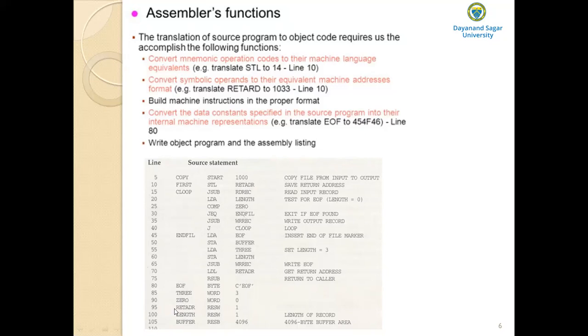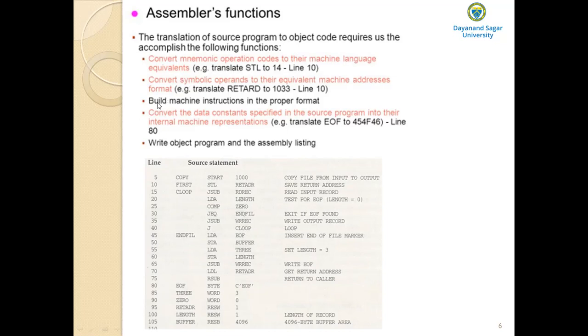So whatever address is generated for RETADR will be added to the opcode STL, and then the object code for the complete instruction STL RETADR is generated.